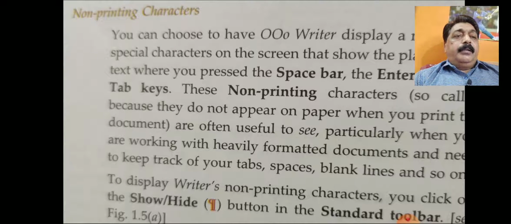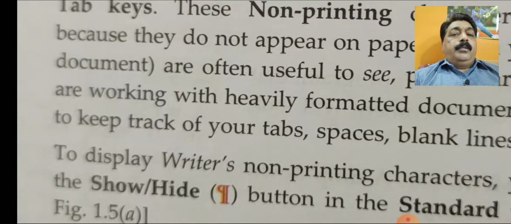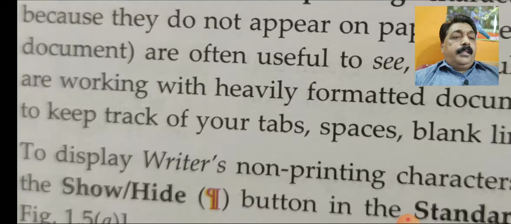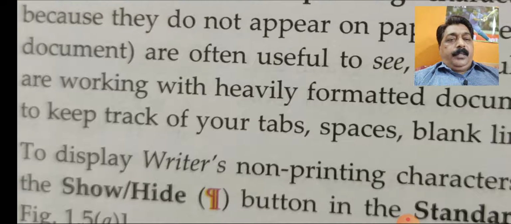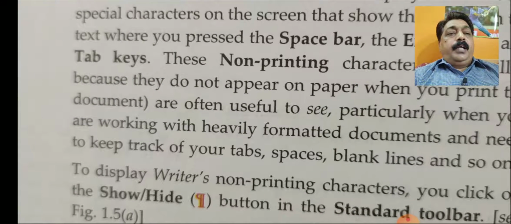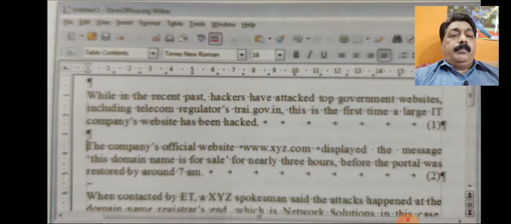Then there are some non-printing characters also, as we can see one sign there, the show and hide button. It is found on the standard toolbar. When you click on it, wherever spaces are there on the screen, such a sign will appear, and this way we can understand where the spaces are on our page.